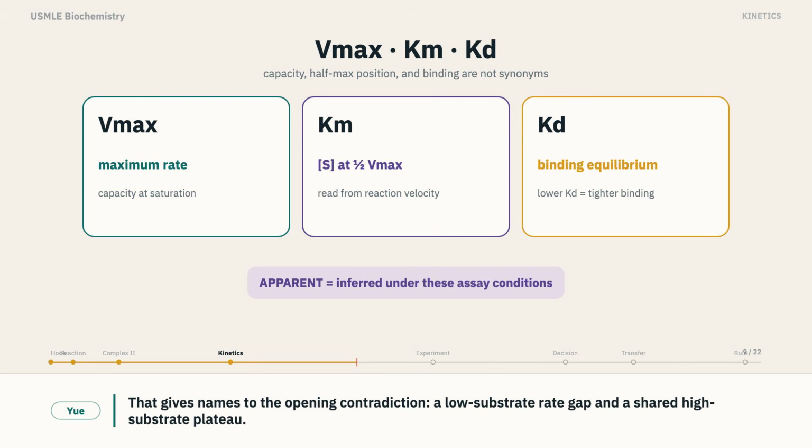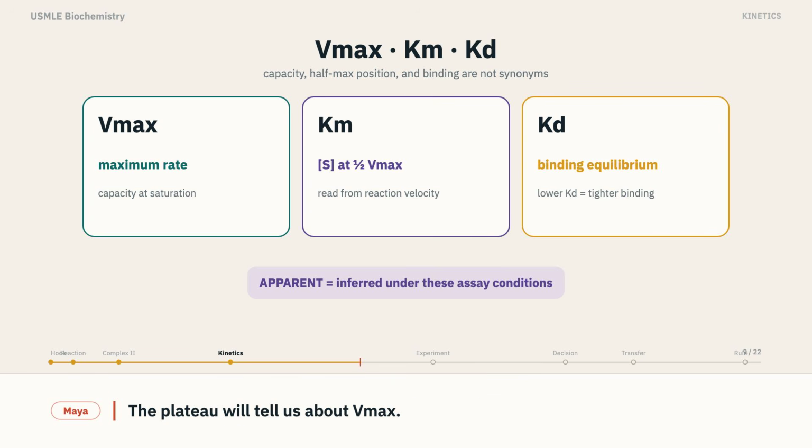That gives names to the opening contradiction: a low substrate rate gap and a shared high substrate plateau. The plateau will tell us about Vmax. The substrate position of the curve will tell us about apparent Km. We still need the full table before deciding what malate did.